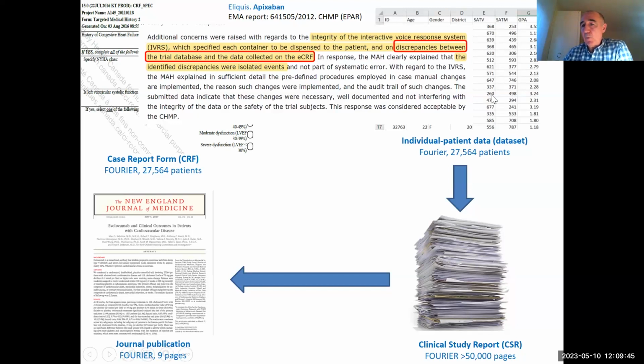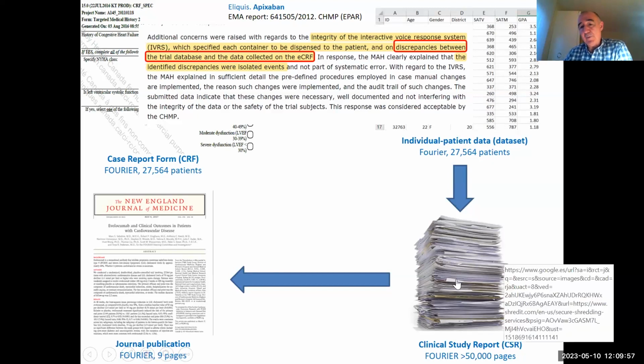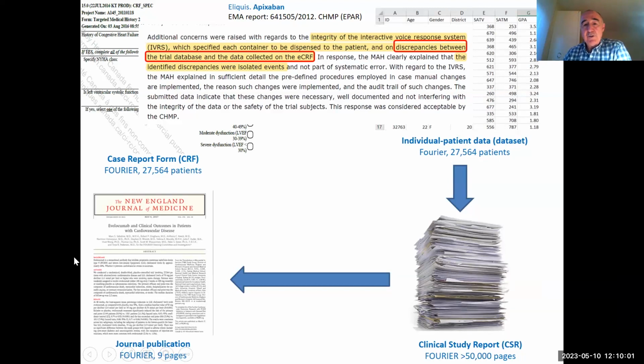Likewise, we have no idea whether the information in the dataset is faithfully transcribed into the case report form, and from the case report form, from the clinical study report to the publication. Since nowadays we're getting more and more access to the clinical study report, we can tell if there are any discrepancies between the publication in the medical journal and the information in this clinical study report.